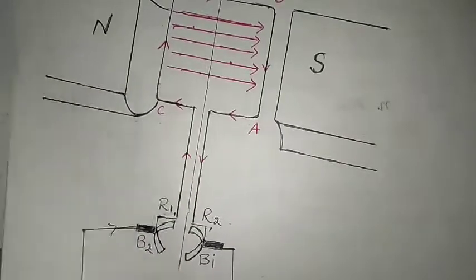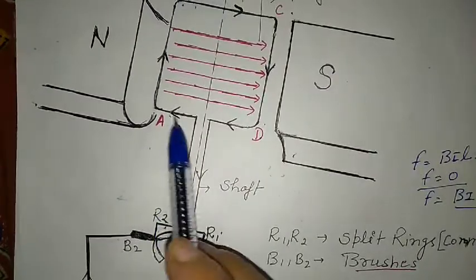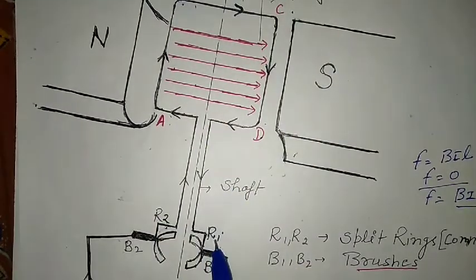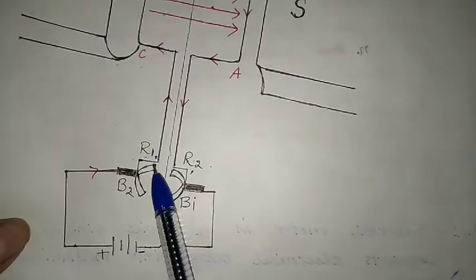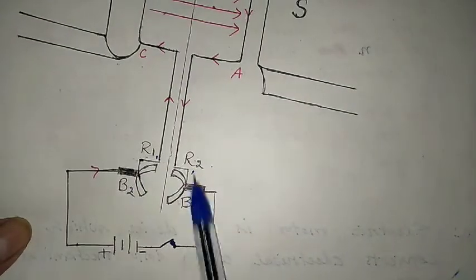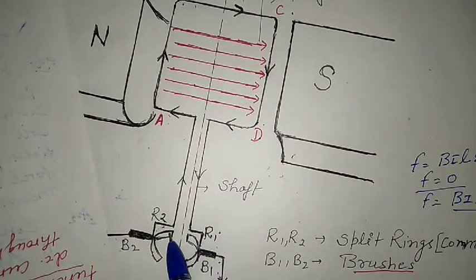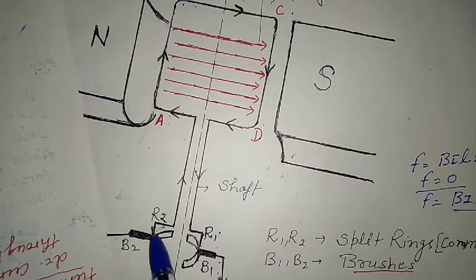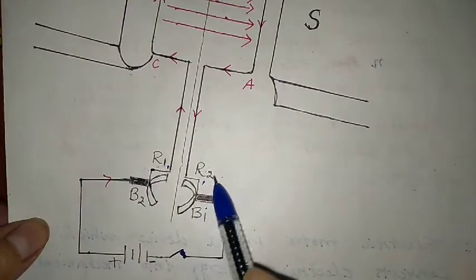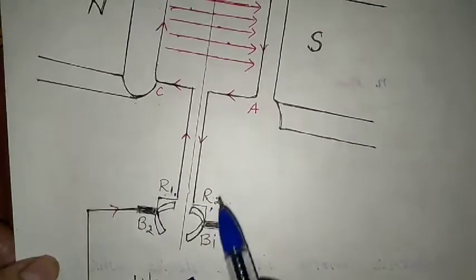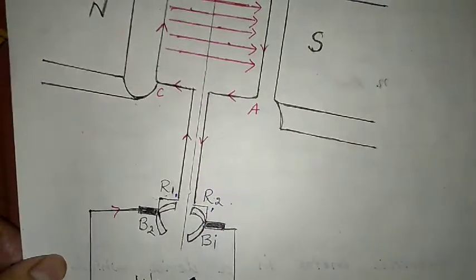Now we have seen here one major change: R2 was here with side AB and CD was here with arm R1. Now the split rings will change their position because of the coil movement. R2 was initially on the left side, but now R2 is here, because earlier we discussed that these split rings are movable with the help of the shaft.